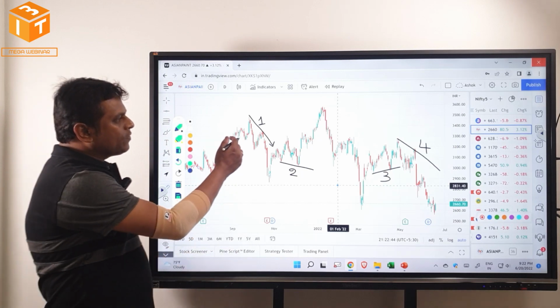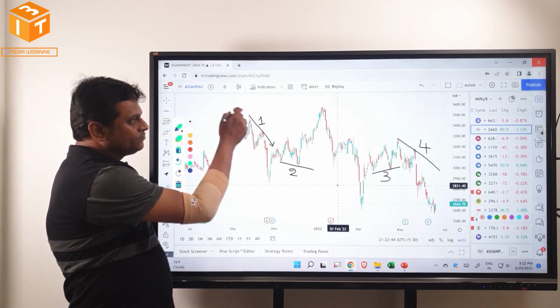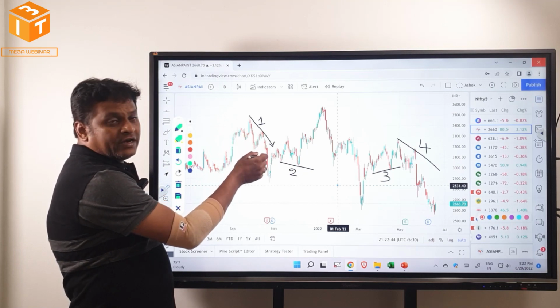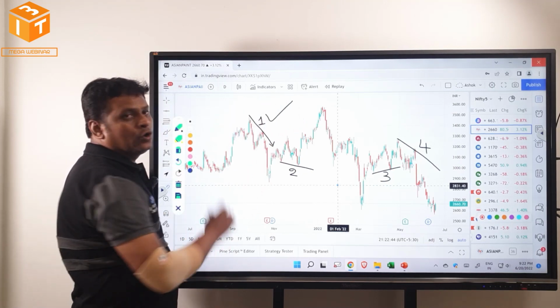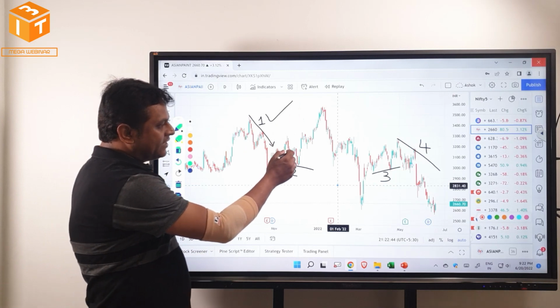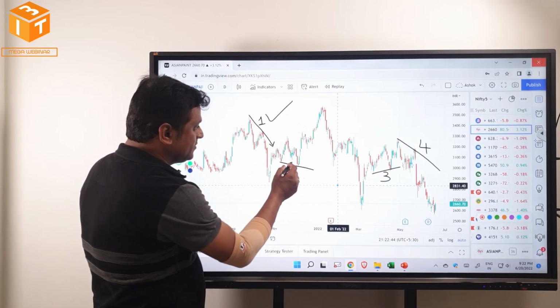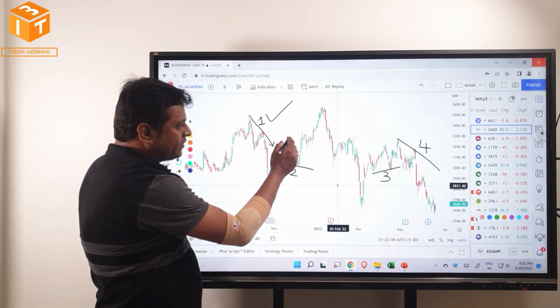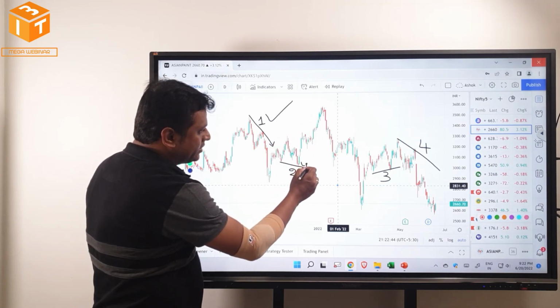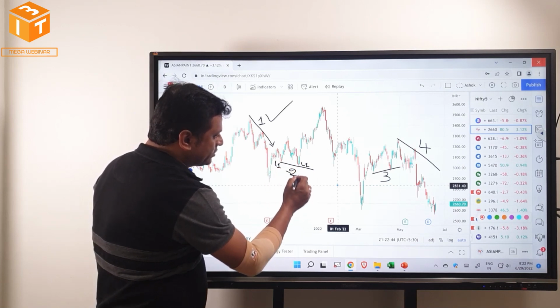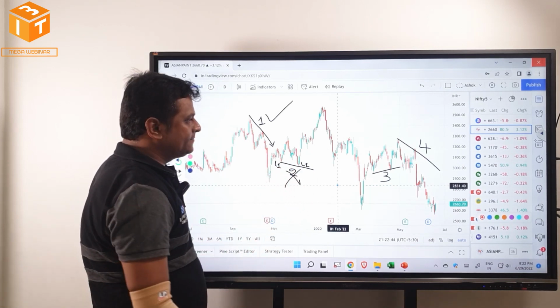Now go one by one. 2 peaks. H1 greater than H2. L1 greater than L2. So good example. Second, 2 valleys. H2 is greater than H1, but L2 is not greater than L1. So this is not a good trend line.